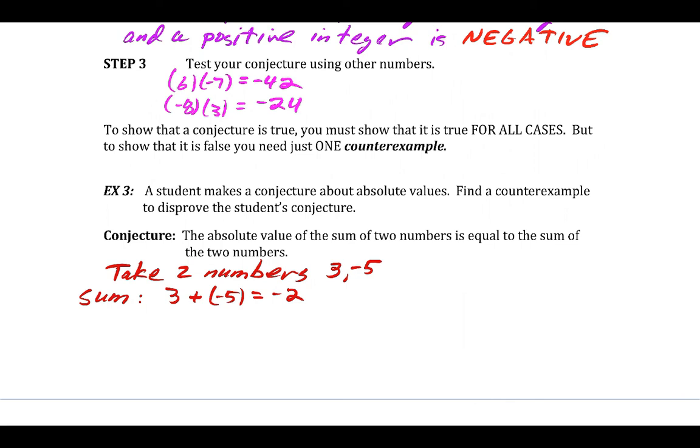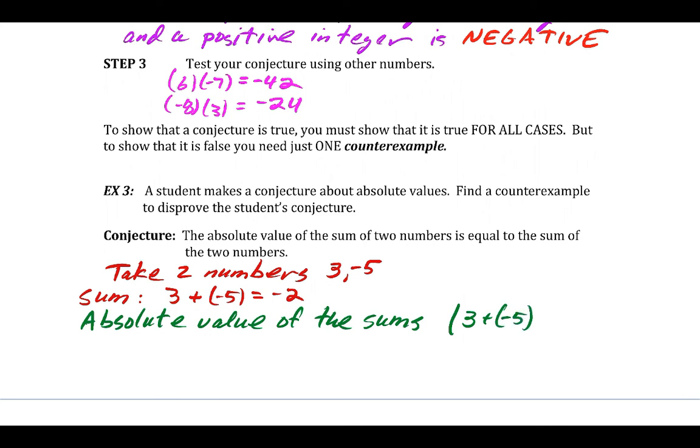The absolute value of the sums. If we do that, we're saying to take the absolute value, so we'll have 3 plus a negative 5, all in the absolute value.